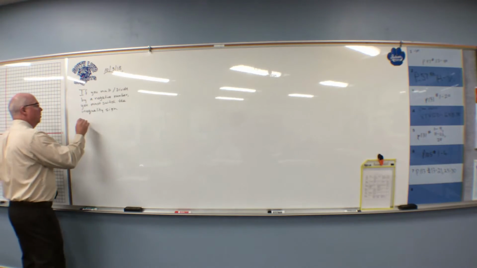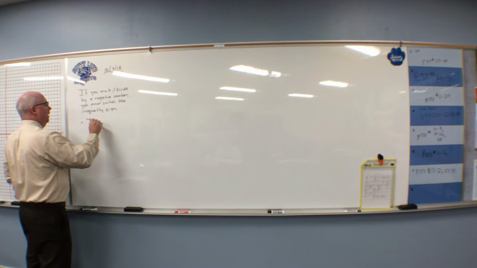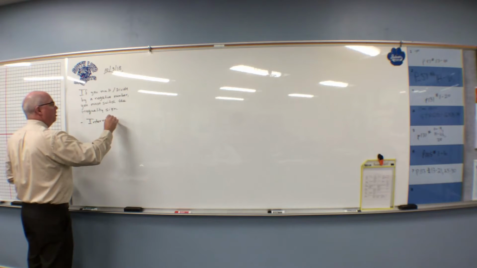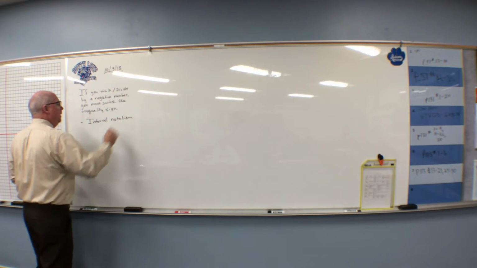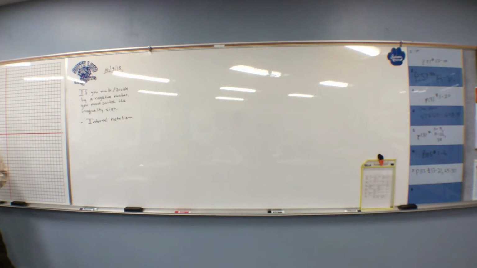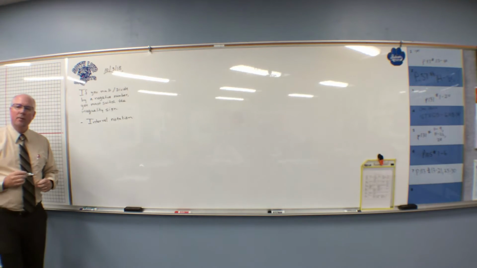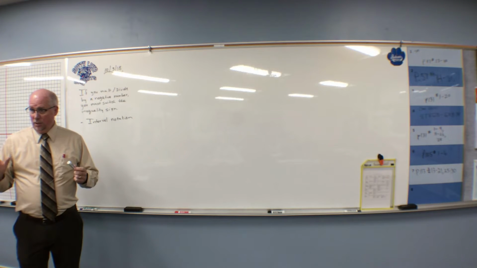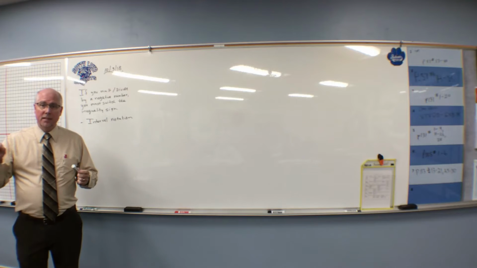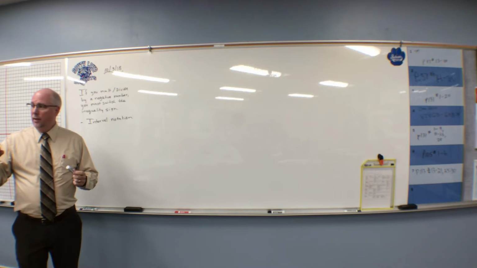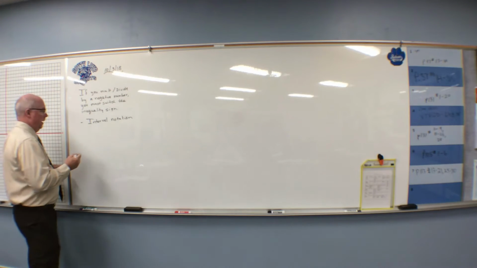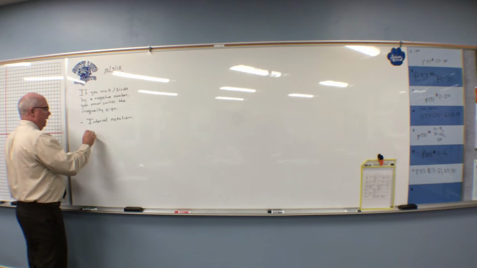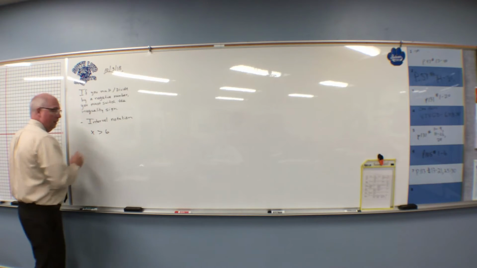The second thing is we're going to talk about interval notation again. You had it last year, right? But I think we need to review it a little bit. Interval notation, remember that a parenthesis means I don't touch it, and a bracket means I do touch it. For example, let's say that I have a graph, and I get x is greater than 6.